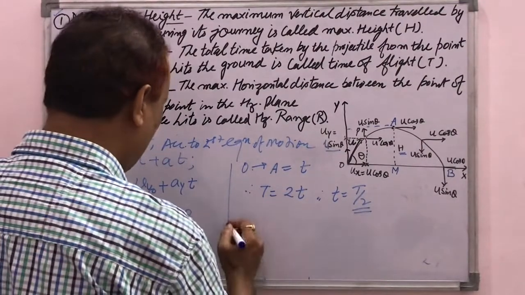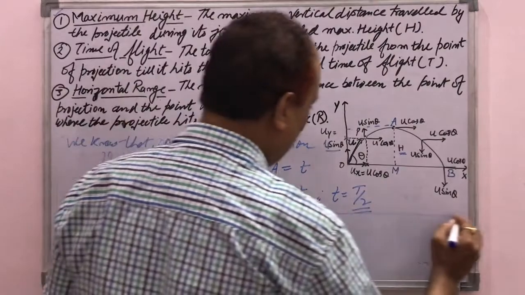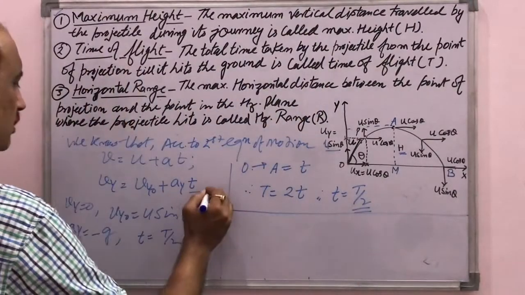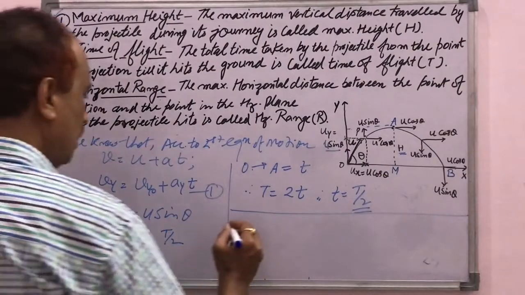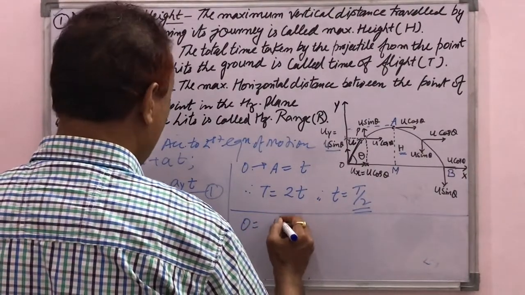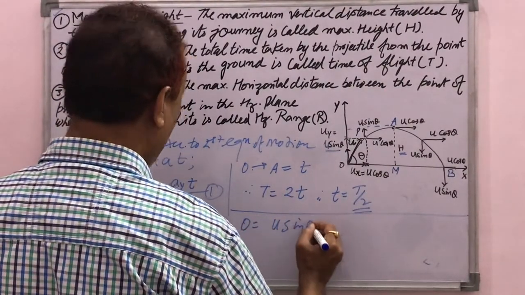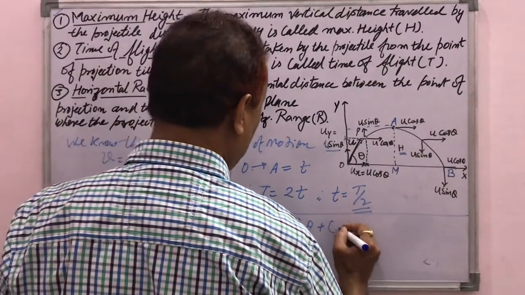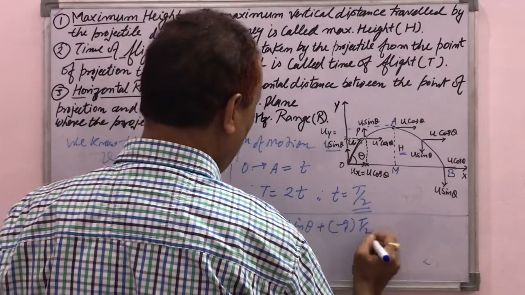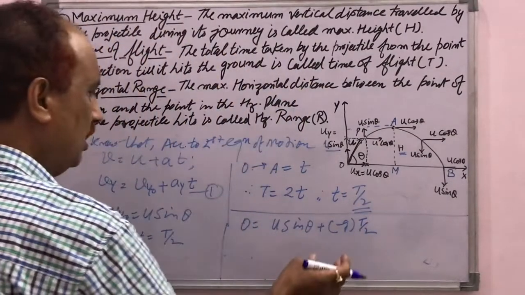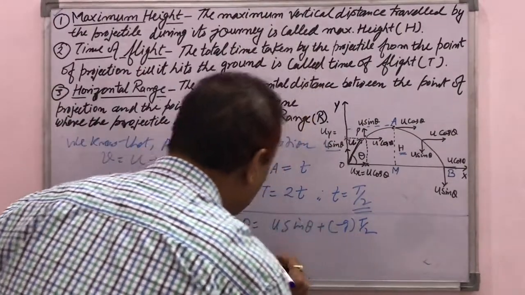Now put these values in equation number 1, and we will get 0 equal to u sin theta plus minus g into small t, that is capital T by 2, and then simplify. So we have to find out the value of capital T.